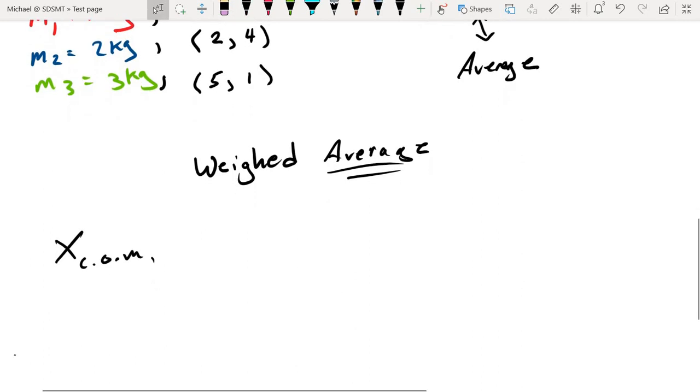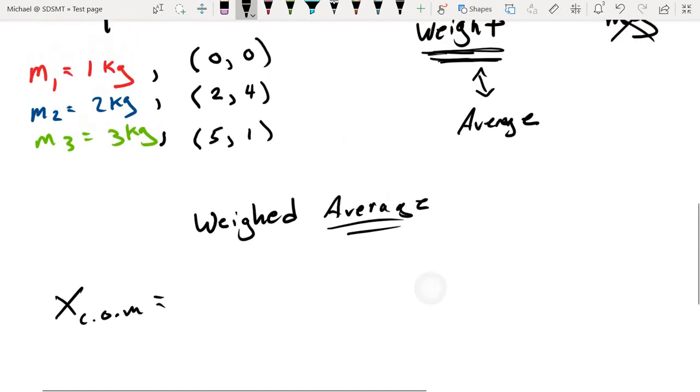And then we can come back and do a similar process for the y component. So as I said, we'll start with a regular average. And for that, we add up all our values. So we're going to add up all the x values of our positions for mass 1, 2, and 3.